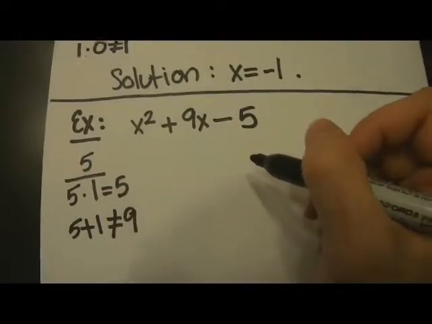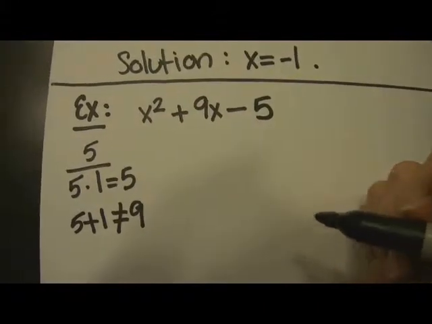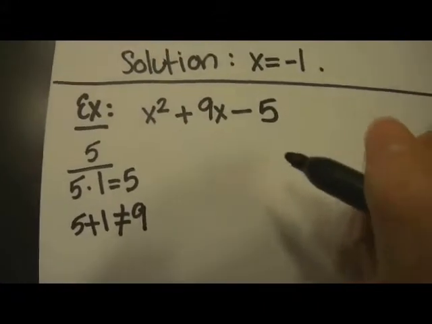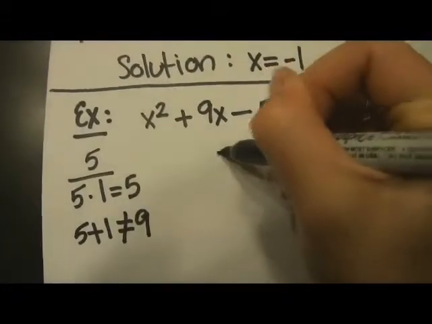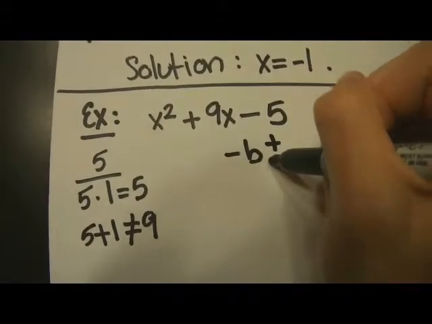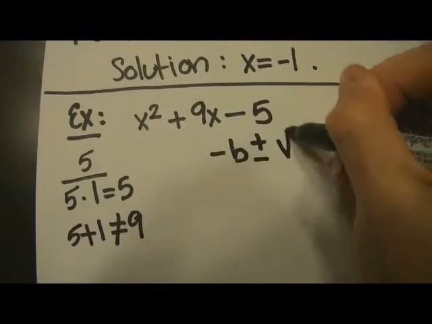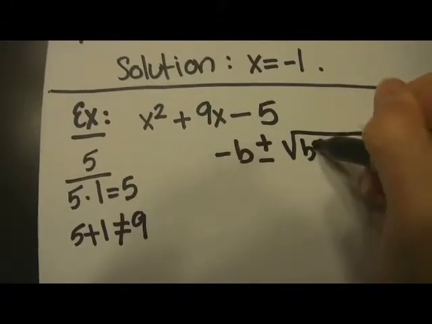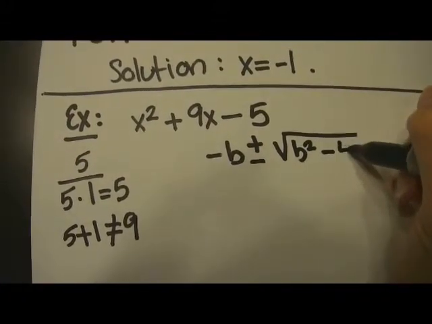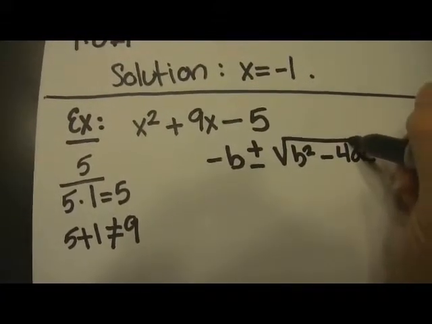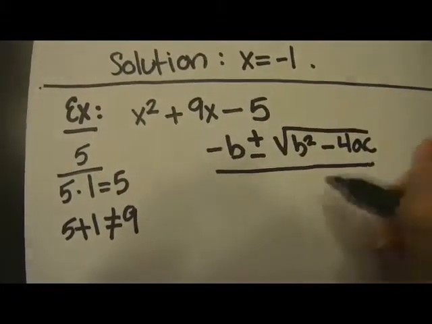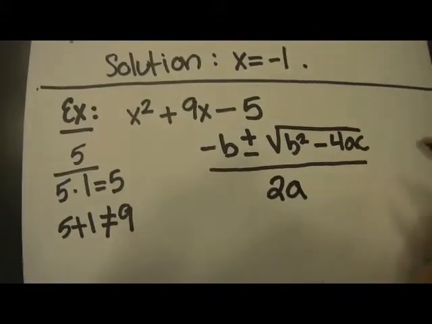Well, as you can see, we can use the quadratic formula. The quadratic formula is negative b plus or minus the square root of b squared minus 4ac, all over 2a.